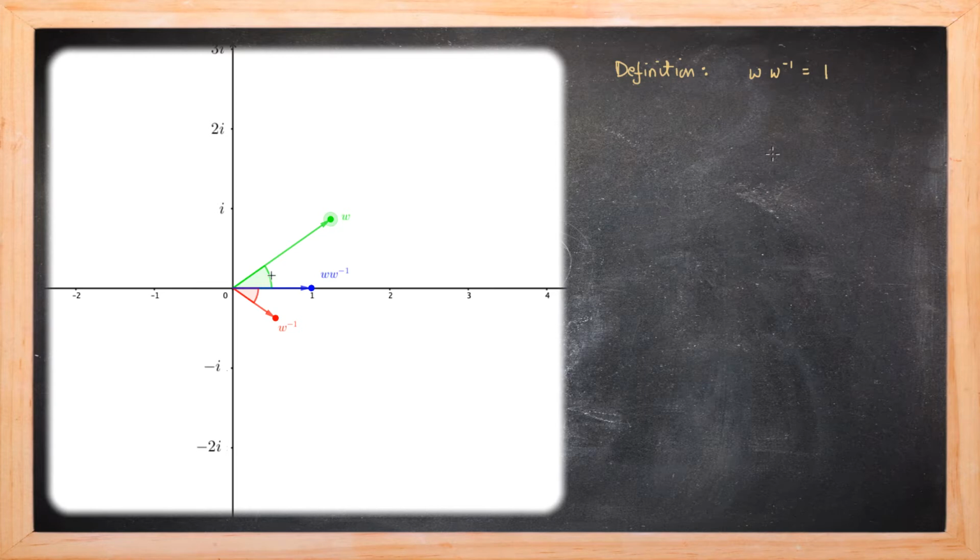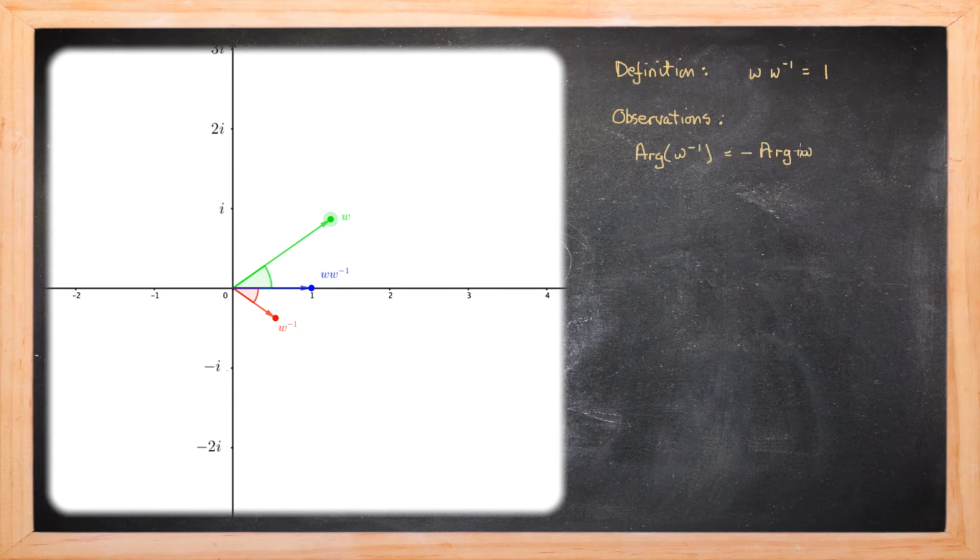So the principal argument of w plus the principal argument of w to the negative 1, the reciprocal of w, will equal 0. So these two would have to be positive and negative of each other.